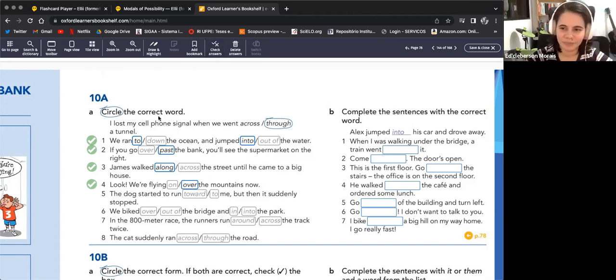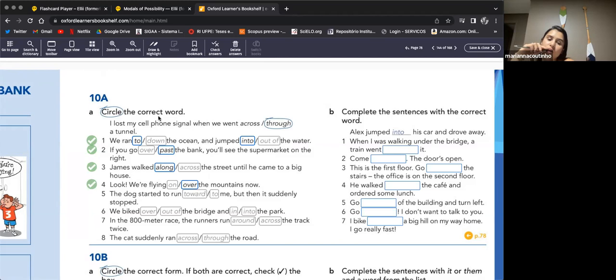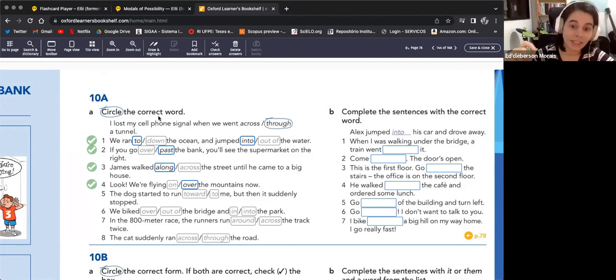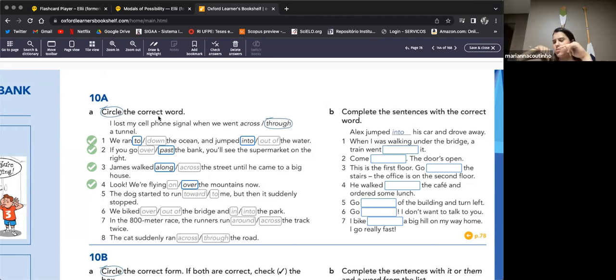Number 5. The dog started to run toward me, but then it suddenly stopped. What do you think? Toward or to? Toward.